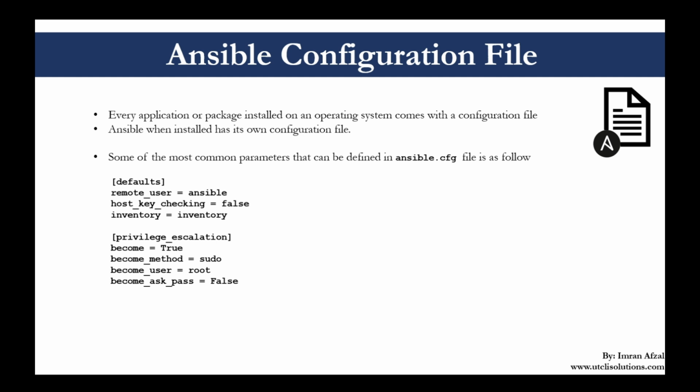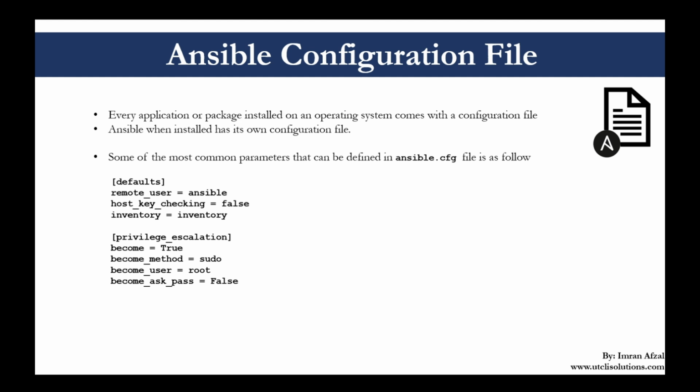You could add them in there, but by default, the configuration file comes empty or it has comments in it. These are just the common parameters you could define, change, or remove. It depends on your system or your environment requirement.